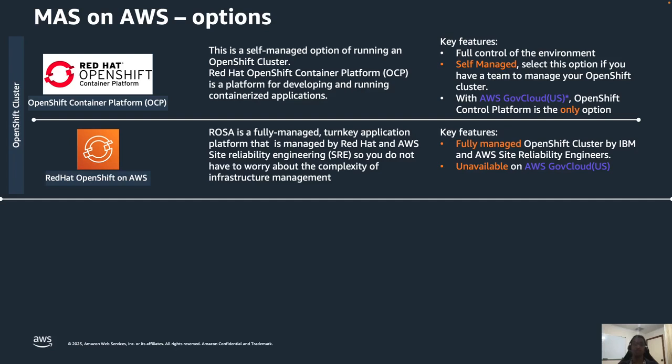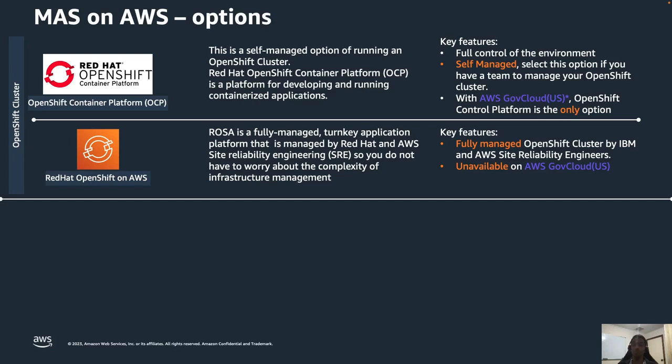Especially when customers are looking to move from IBM Maximo 7 to MAS 8, they can rely on the managed offering that ROSA provides to take focus off the undifferentiated heavy lifting around the infrastructure management for the OpenShift cluster.